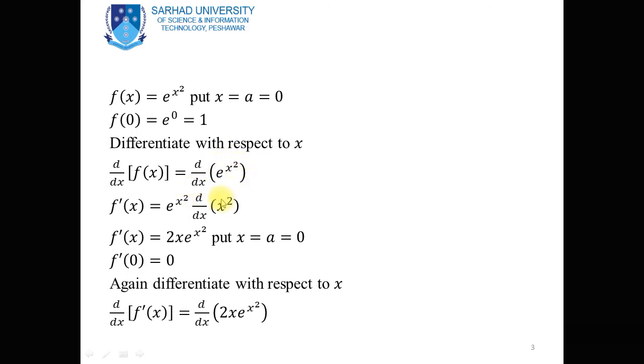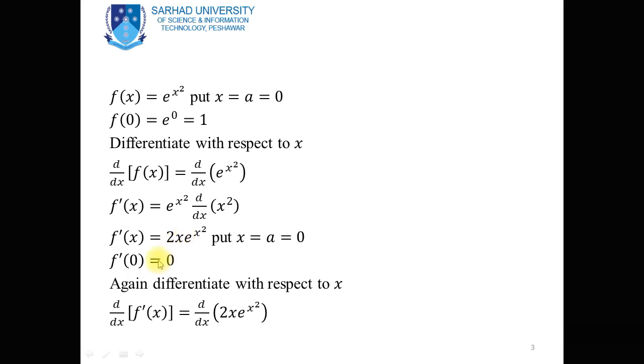Since the argument is x square, the derivative of x square with respect to x by using the power rule is equal to 2x. So the first order derivative of the function is equal to 2x into e power x square. Now putting x is equal to 0 in this first order derivative, we obtain f prime at 0 is equal to 0, because x is equal to 0, so this term will be equal to 0.